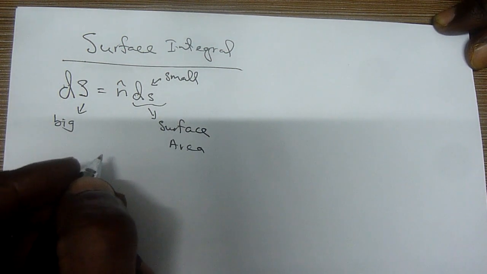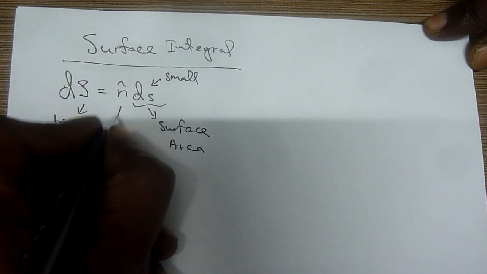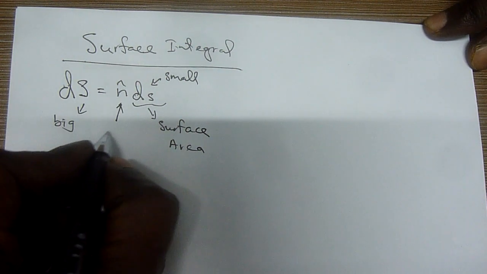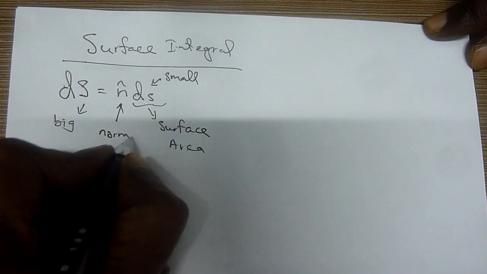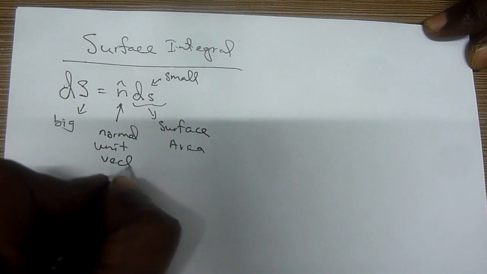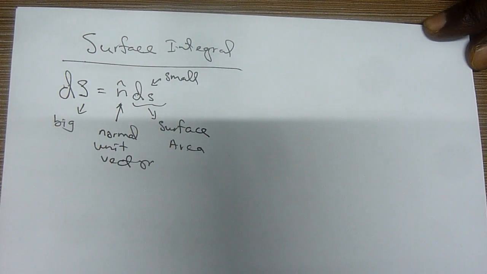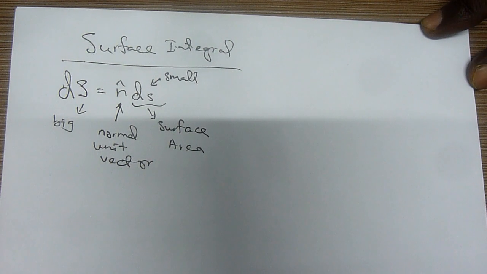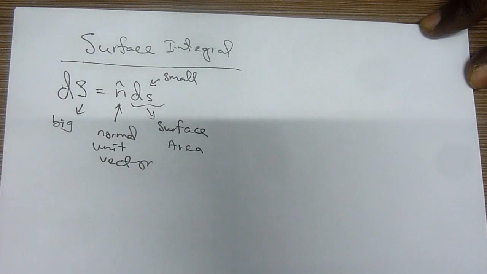Slowly I will introduce many important messages inside. One of the things here is the normal unit vector. I hope that you can see it. I'm not sure whether it's too small for you, so I hope you can see what I'm writing here.